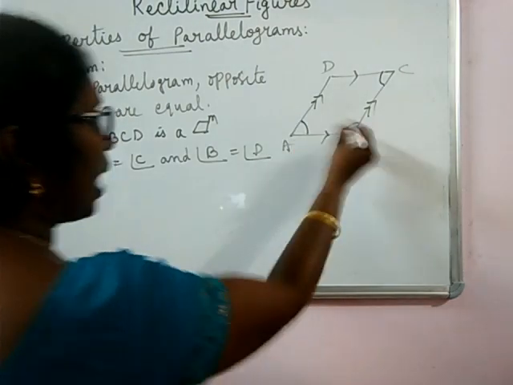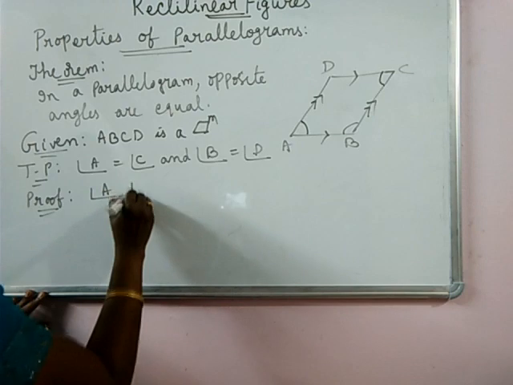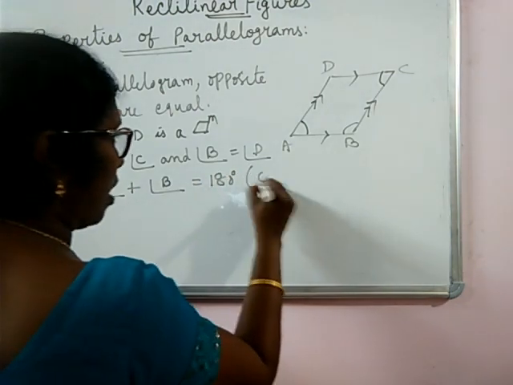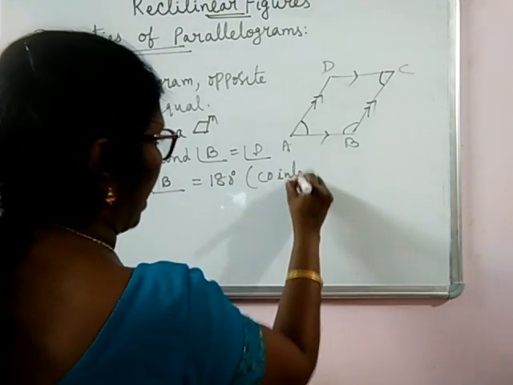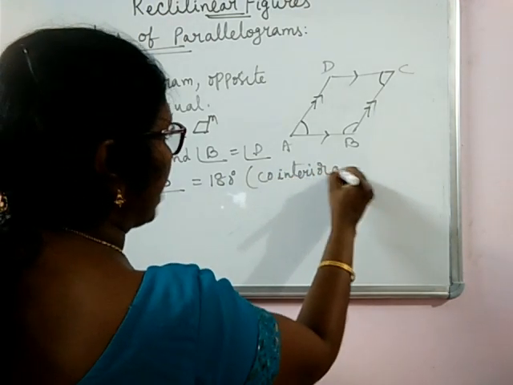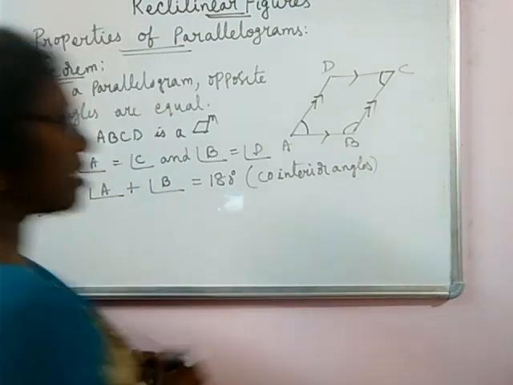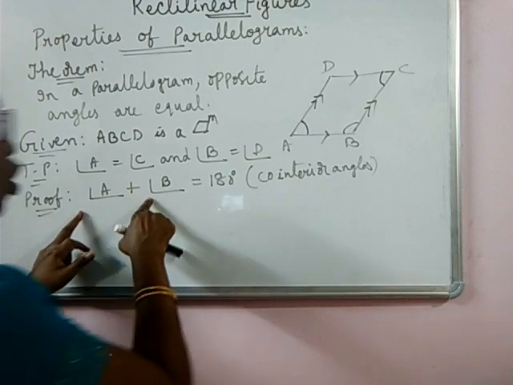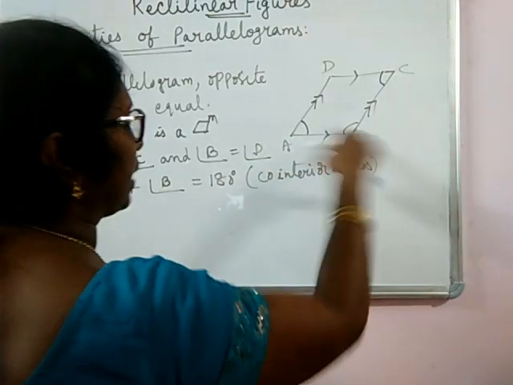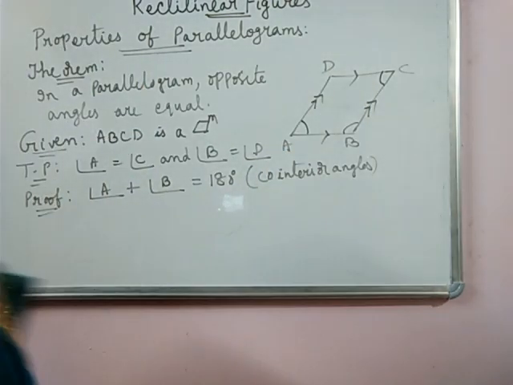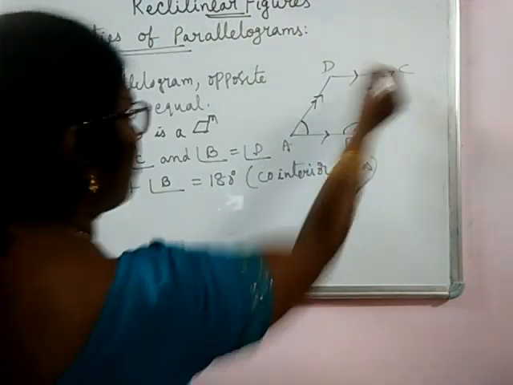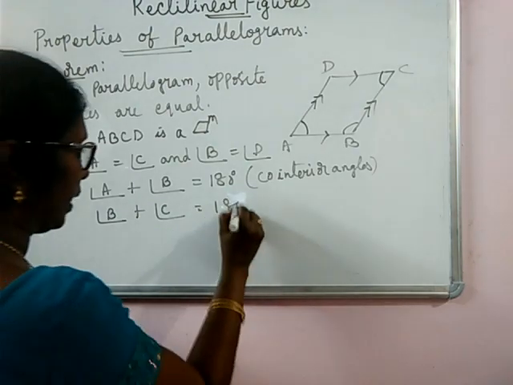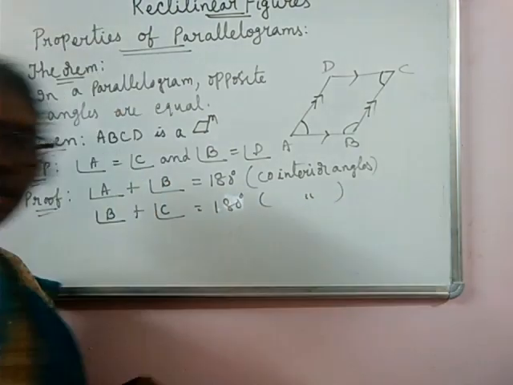Here, angle A plus angle B is equal to 180 degree because they are co-interior angles. When two lines are parallel, the pair of co-interior angles are supplementary. In short, I am writing angle A plus B, or you can write angle DAB plus angle ABC. Same way, angle B plus angle C is also equal to 180 degree because of the same reason.